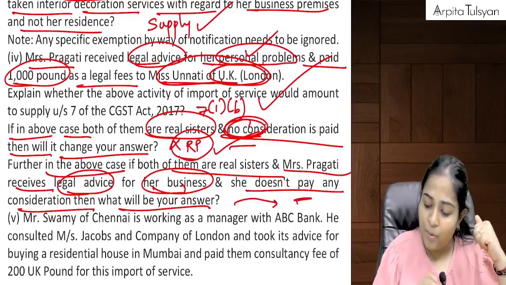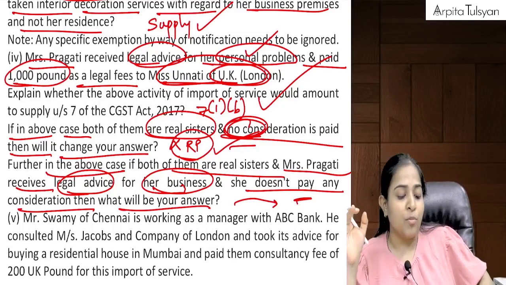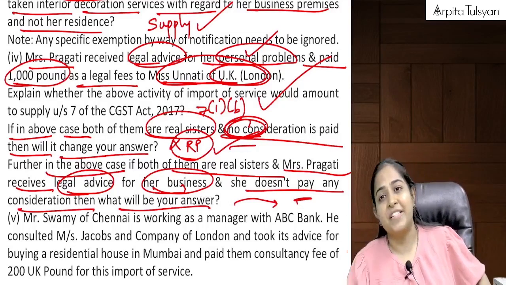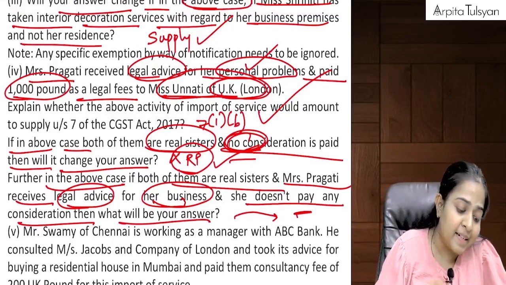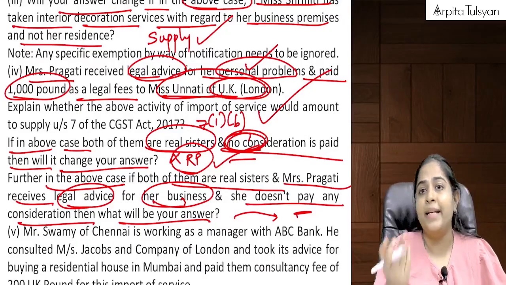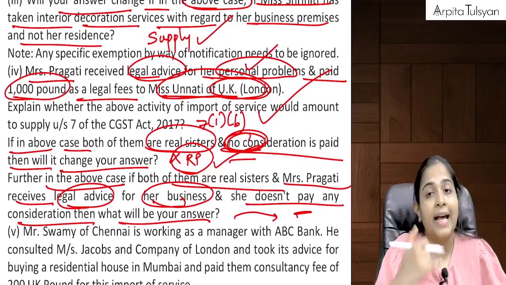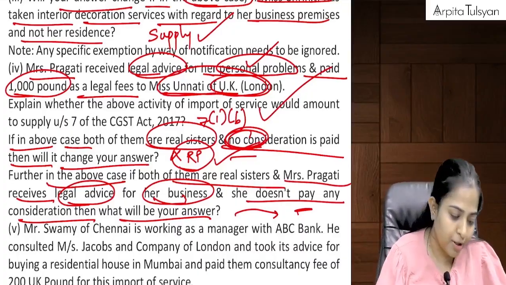So again, this cannot be considered as a supply. So you have to assume here whether she is dependent or not, and accordingly give the answer. If I assume that my sister is dependent on me, then that becomes my related party, and then that will be considered as a supply. So we'll have to write some assumption for that.